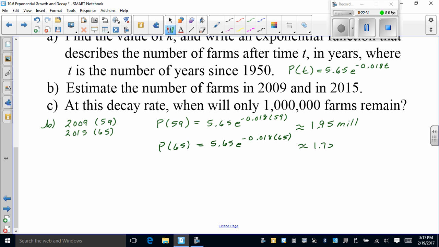Okay, and then part C asked, at this decay rate, when will only 1 million farms remain? So we have 1 equals 5.65 e to the negative 0.018 t divided by 5.65.